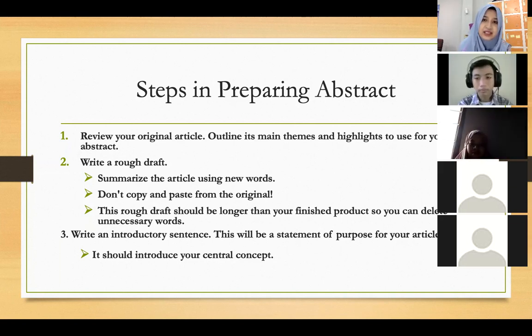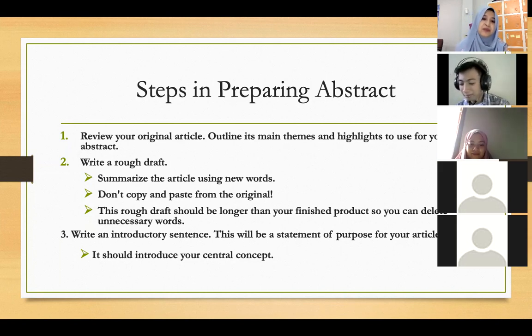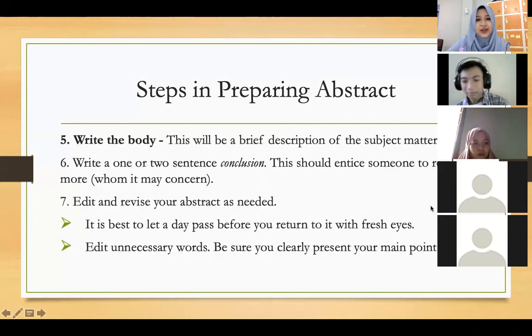The common sentence that they use is, the aim of this study is blah, blah, blah. This study is aimed at finding blah, blah, blah, right? Or the objective of the study will be. And then we write the body of the abstract, and then a one or two sentence conclusion.